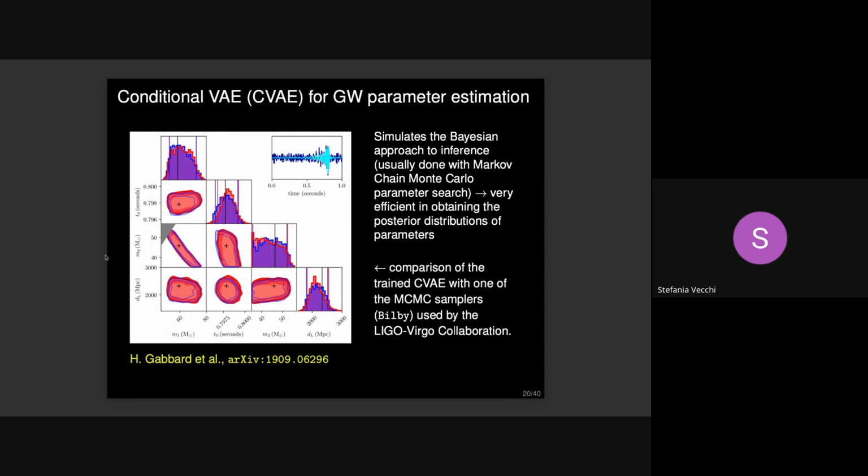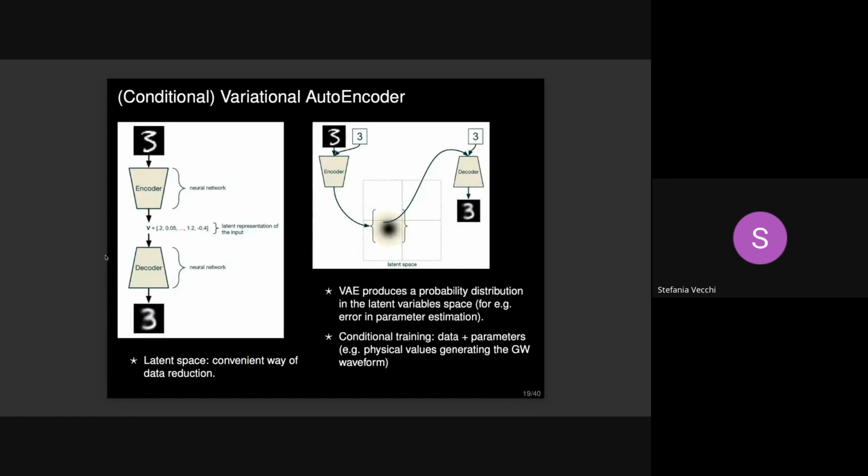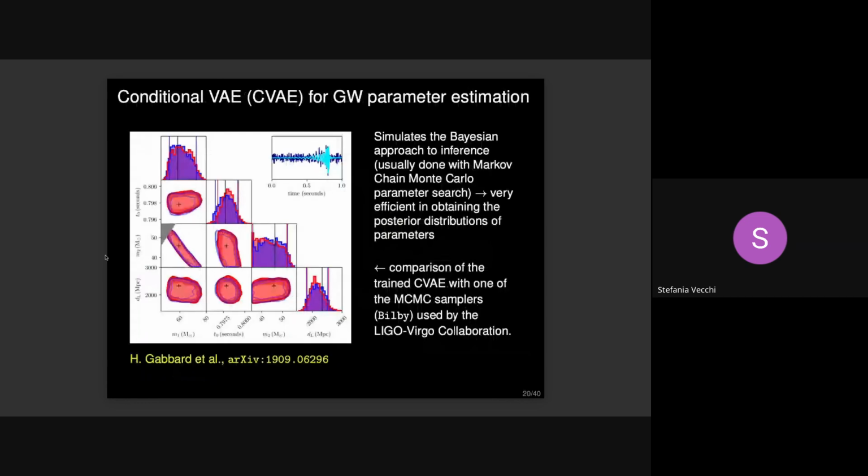So it's like Bayesian Markov chain Monte Carlo going through all the parameters, but then actually you have access to these distributions very easily, and this is really much faster than the typical Markov chain Monte Carlo. They have to do a lot of tries and evaluate the matched filter many times. This is of the order of millions of times faster than traditional MCMC. So this is already something practical.